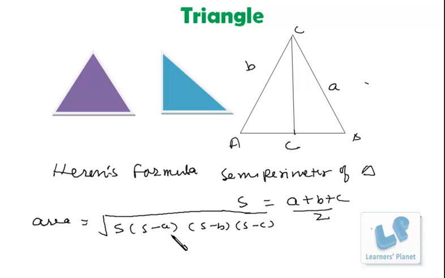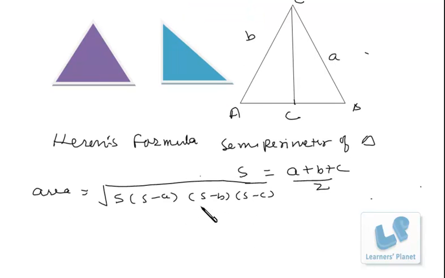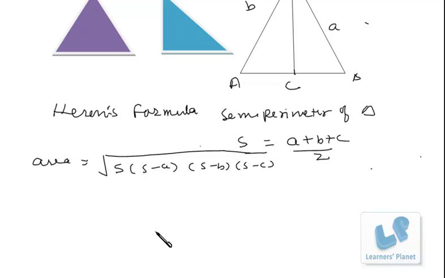So we can calculate the area of an equilateral triangle by putting the values of b and c as a in the same formula. Suppose I put b and c also as a, so s will be (a plus a plus a) by 2, that is 3a by 2. So I put the value of s and the lengths of the sides in this formula.